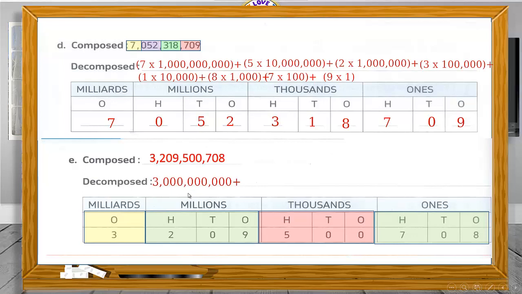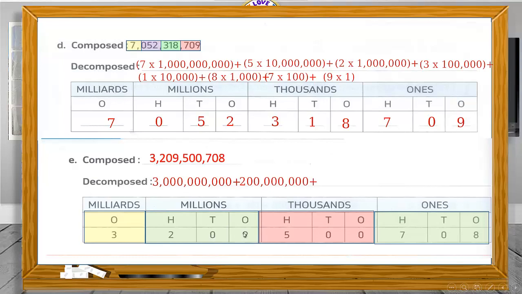Write the number in expanded form as you like. You can write 3 times 1 milliard. Solve in any way, because we said we have 2 ways to write or decompose any number. Next place we have 2 in 100 million, so write 200 million.